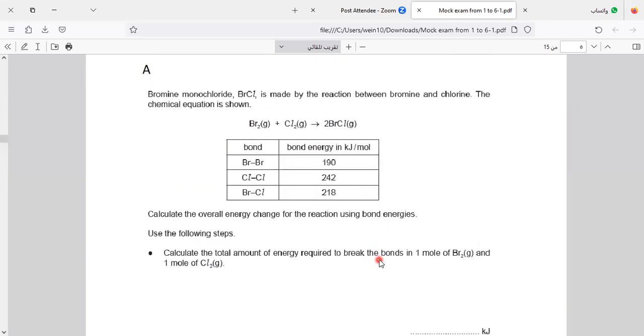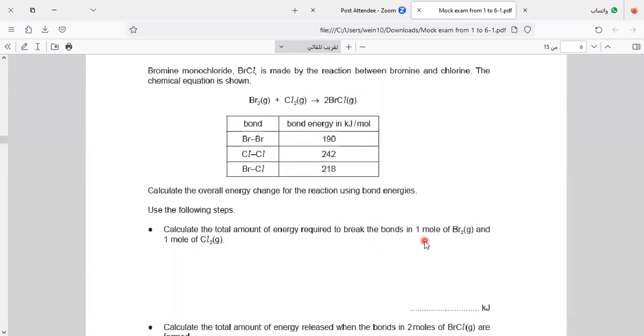Next question, I think very easy. We need the amount of energy used to break the bond in Br2. If you need to break the bond between Br and Br, you need 190.